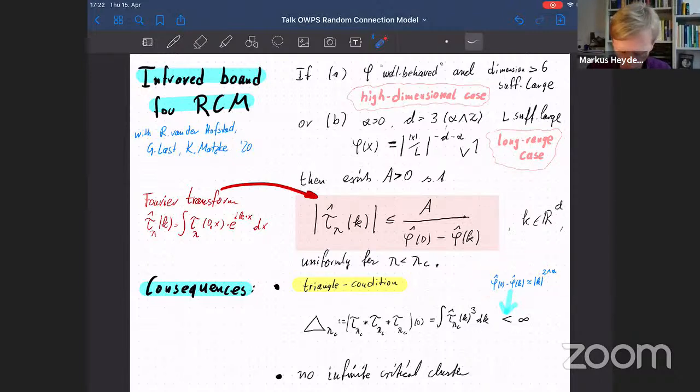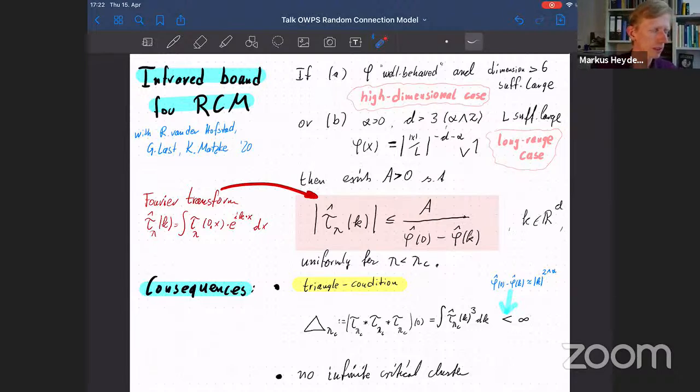So there's this minimum of 2 and alpha in the exponent whenever there's an alpha, and otherwise it's just 2. That's the main thing to think about here. And this is true for all the lambdas which are smaller than lambda c, uniformly. In particular, this constant does not depend on lambda.